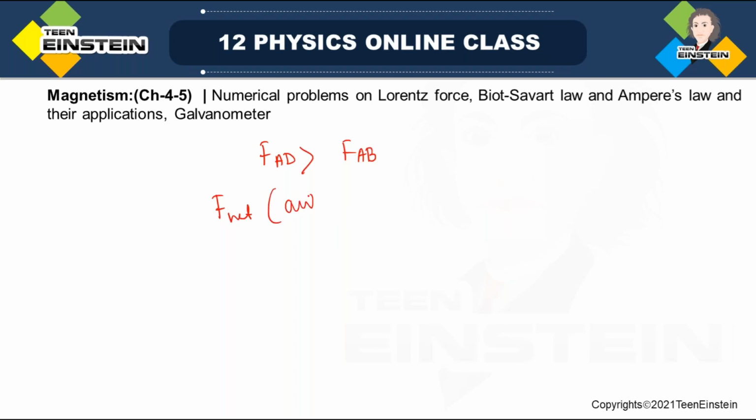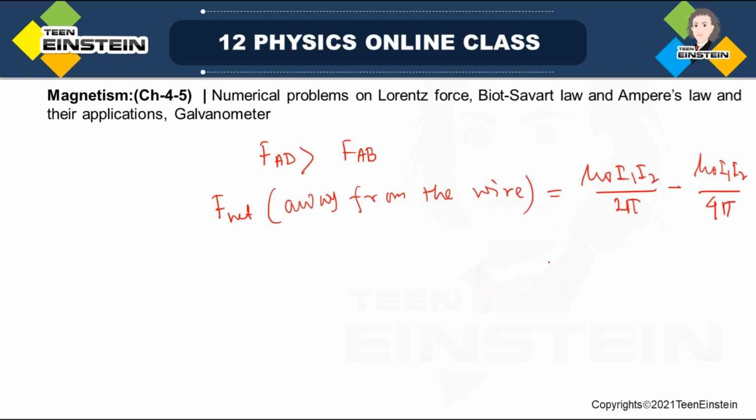This is mu 0 I1 I2 by 2 pi minus mu 0 I1 I2 by 4 pi. If you do the solution, you will get mu 0 I1 I2 by 4 pi. This is away from the wire, which means it is a kind of repulsive force.